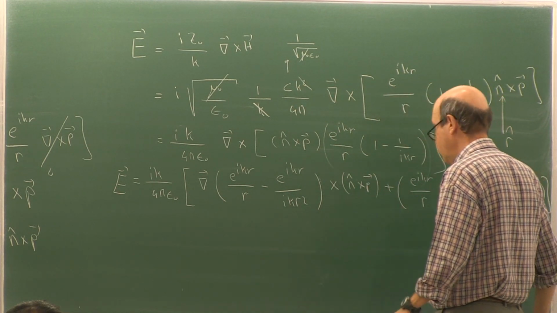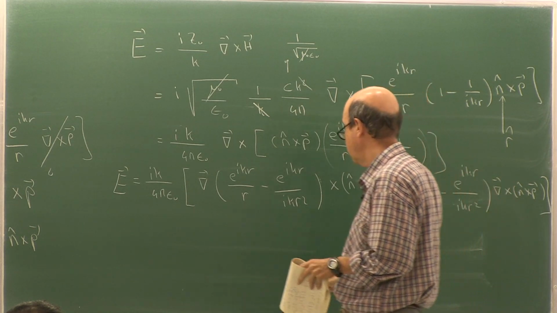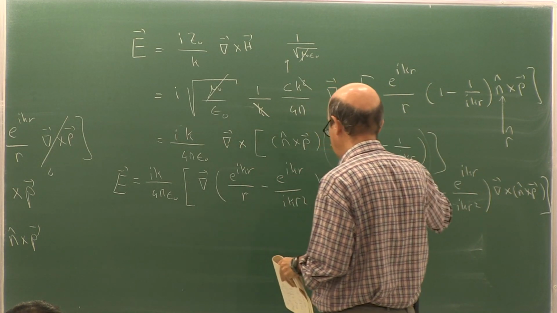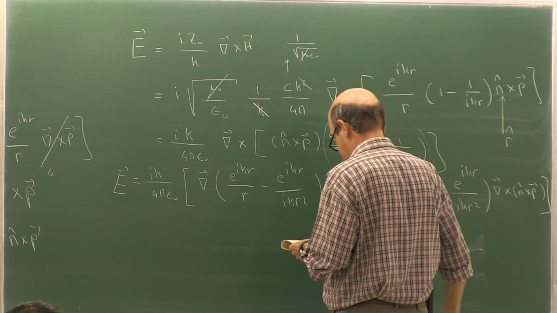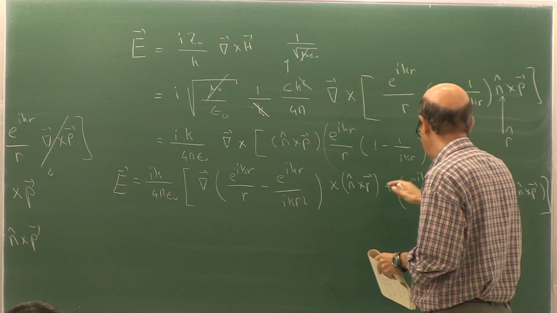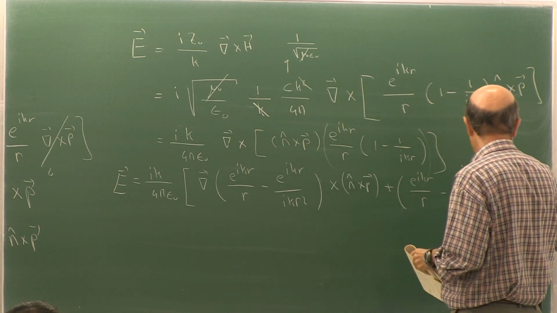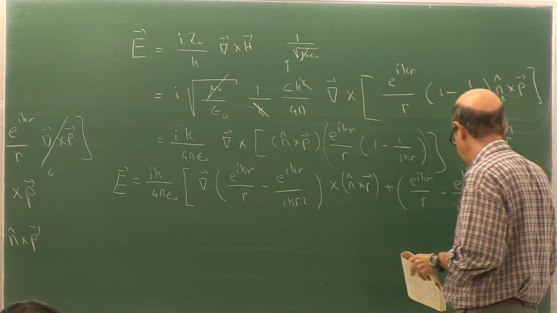So I want to continue the calculations. Did I do this correctly? The gradient of the scalar is here, cross product n cross p, and I have the scalar in here, curl of n cross p.